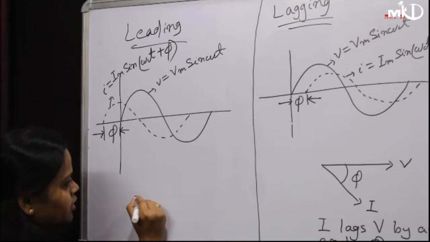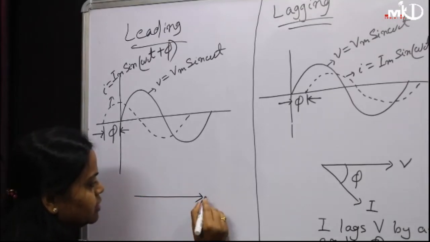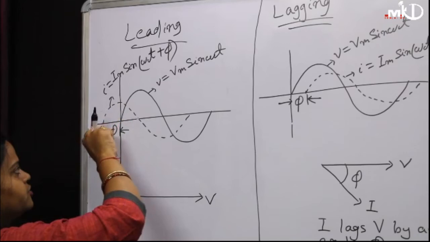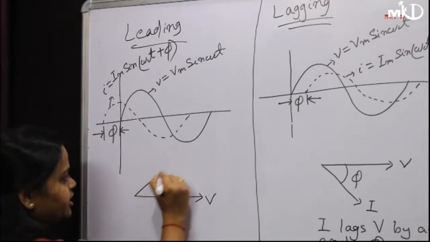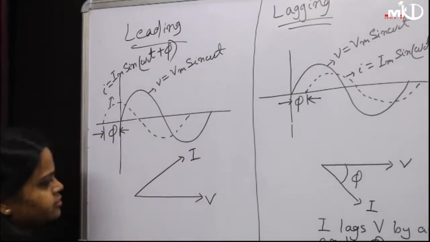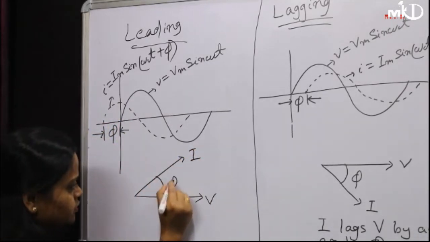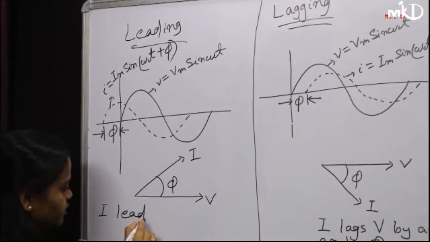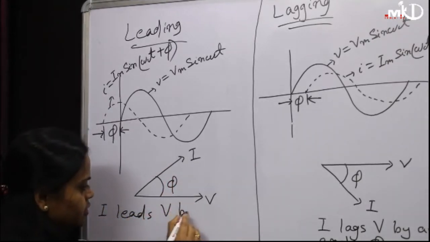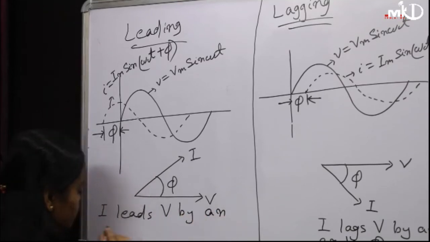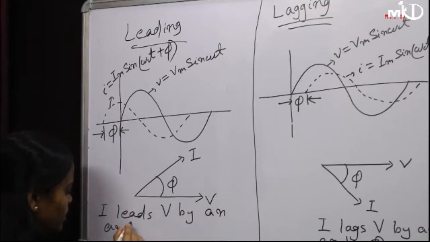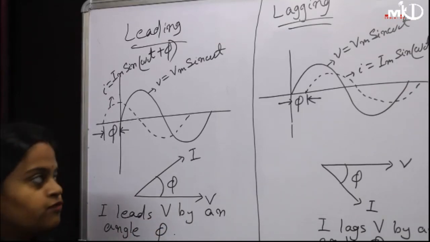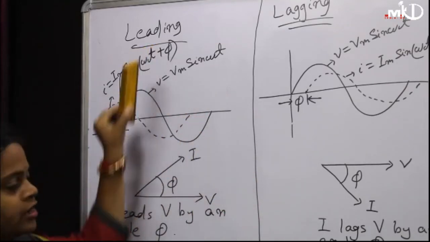If we draw the phasor diagram, V is the reference, and I starts earlier, so I is leading, and this angle is phi. Here I can write that I leads V by an angle phi. Now it is clear what in phase, lagging and leading mean.